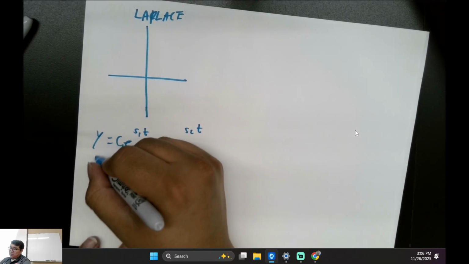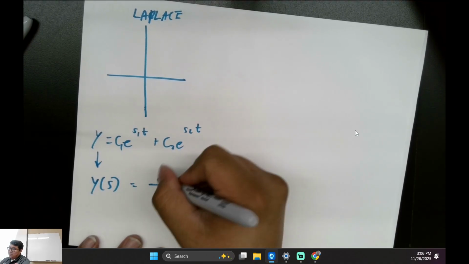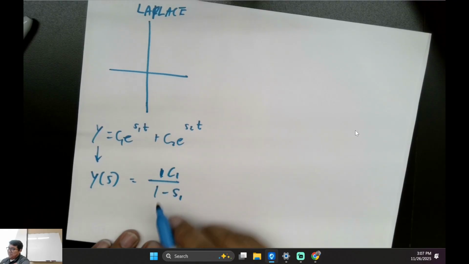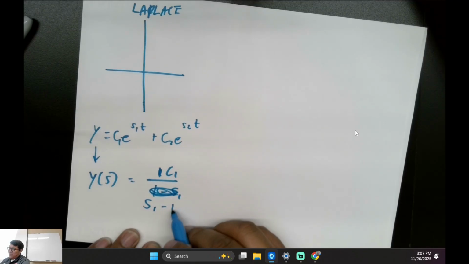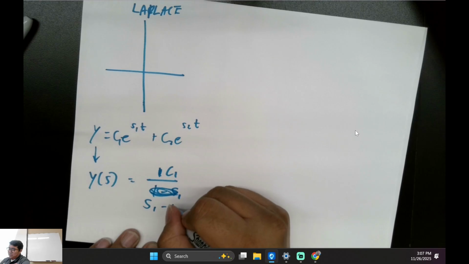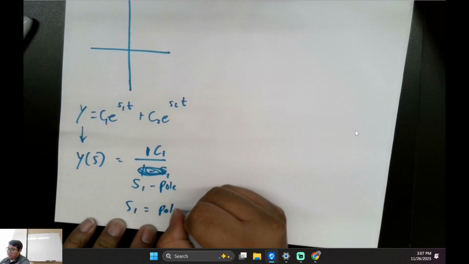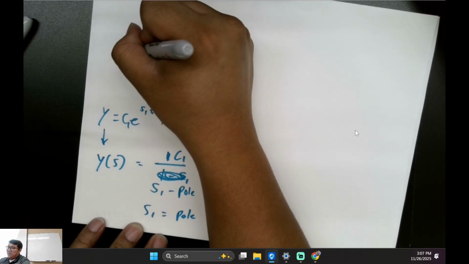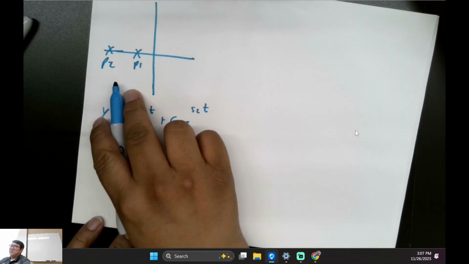You can write this in terms of Y(s) equal to c1 over s minus s1, where s1 has to equal that pole value, okay? Is that good? So what I'm trying to show you is you can do the following: pole 1, P1, and then P2, and boom, you're done, okay?